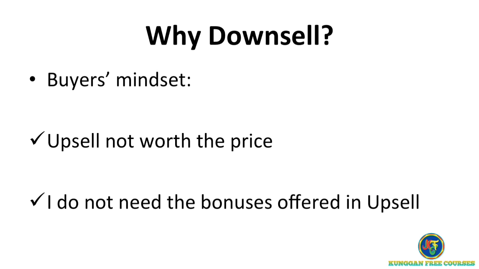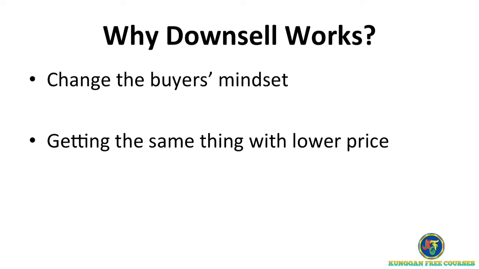Now that you know the buyer's mindset, the solution for the scenarios is by adding the downsell offer in your sales funnel. Why a downsell works is because it changes the buyer's mind. When you say that the offer in the upsell is priced too high, then I'll make a special promotion just for you, but you won't get the bonuses in this case. This is why the upsell is offered with bonuses.